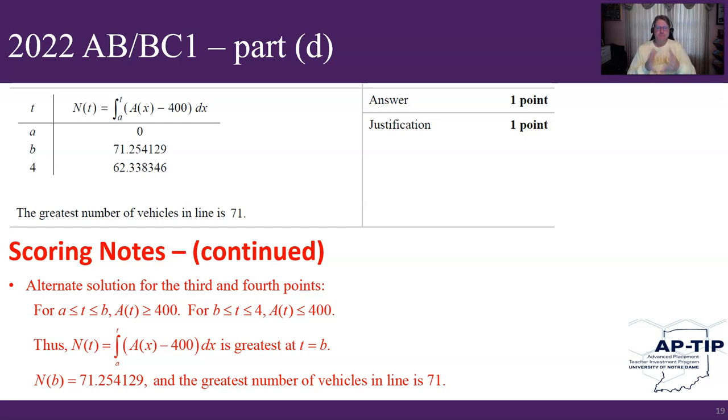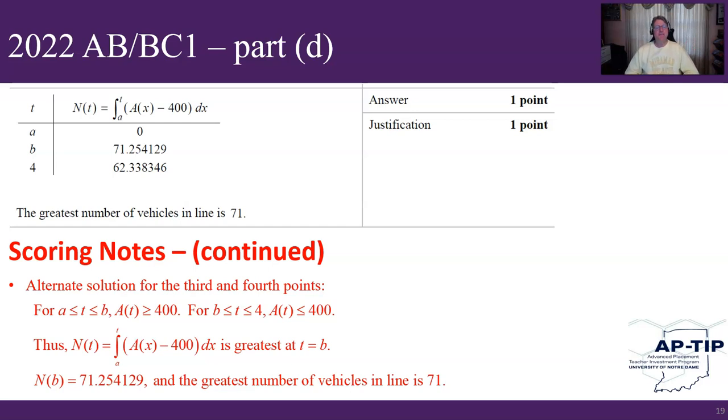Well, that is some pretty valuable ammunition here, because what that means is that the n of t value is certainly going to be its greatest at that t value of b, that b value that we've found. Therefore, if the student were to use that b value in that definite interval and get our correct answer, 71.254 or 71, that's going to be acceptable.